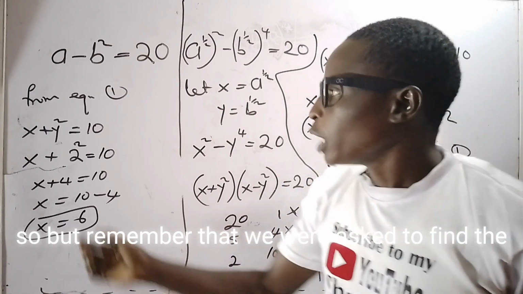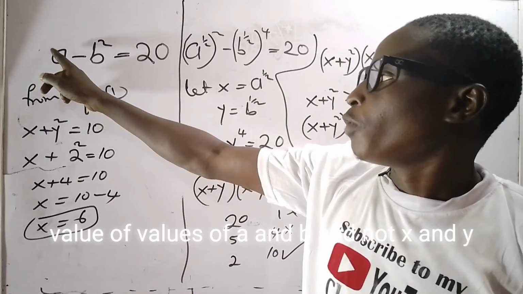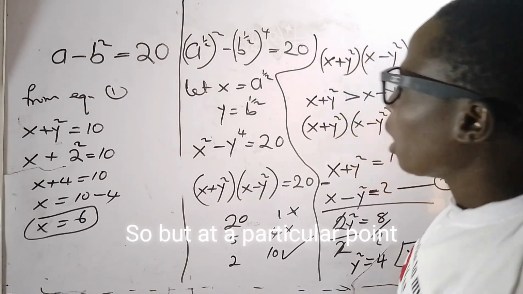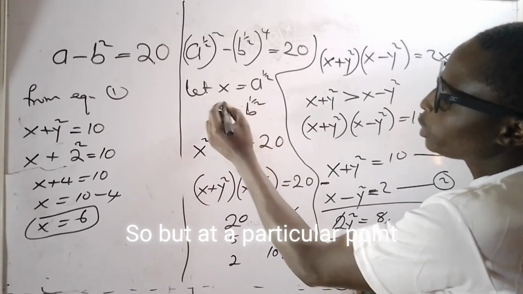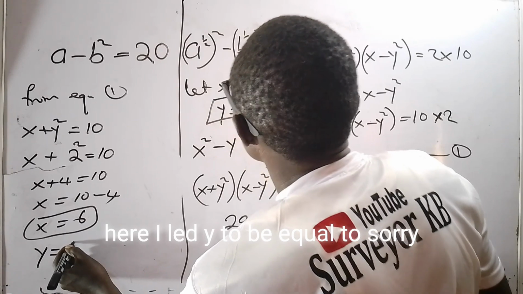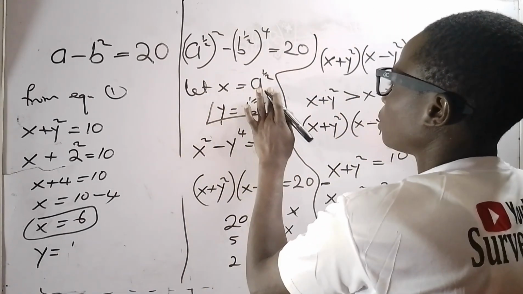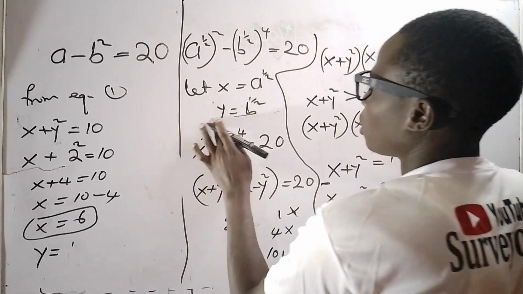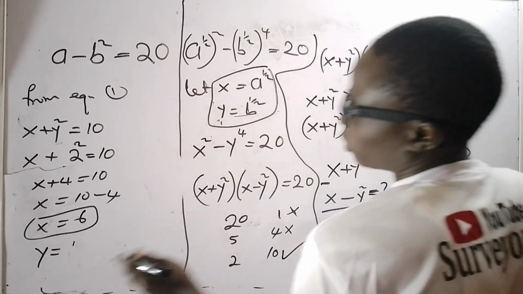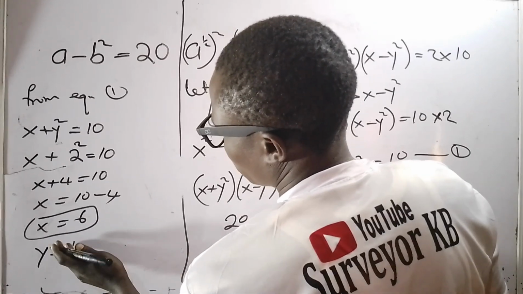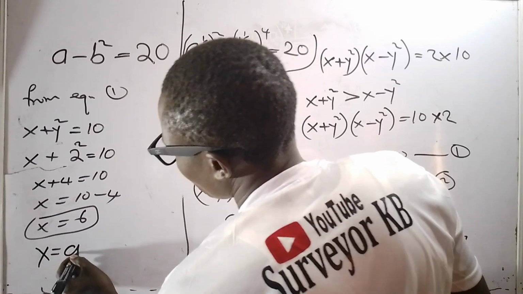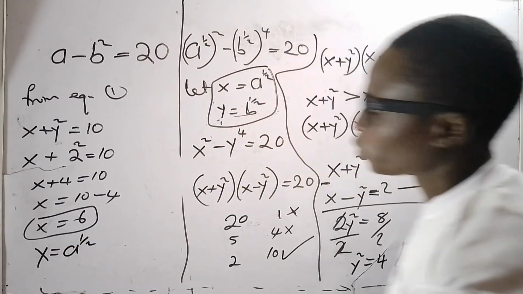But remember that we were asked to find the value or values of a and b and not x and y. At a particular point here, I let x be equal to a raised to the power of 1 over 2.